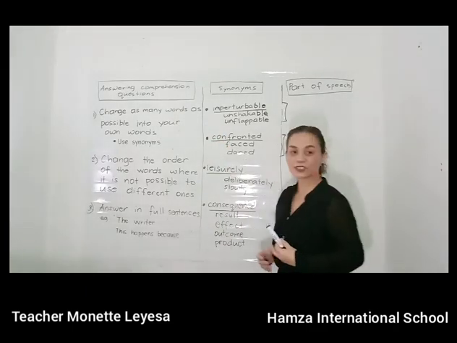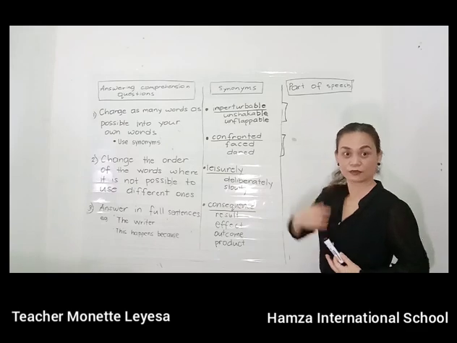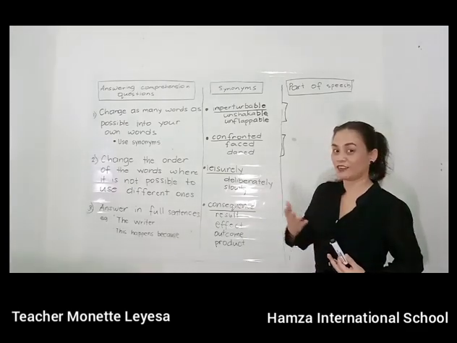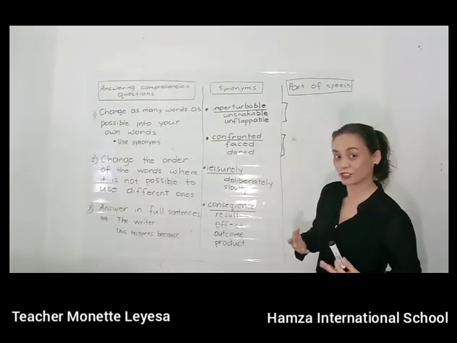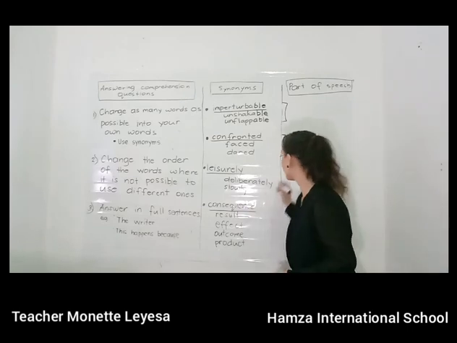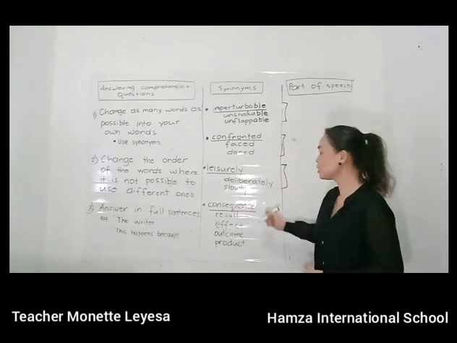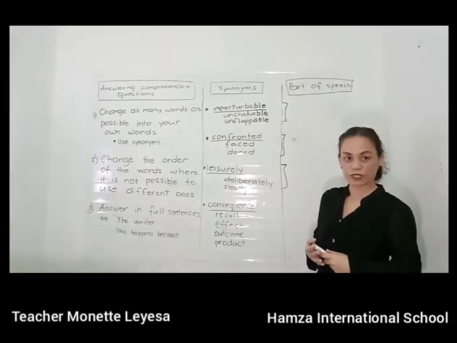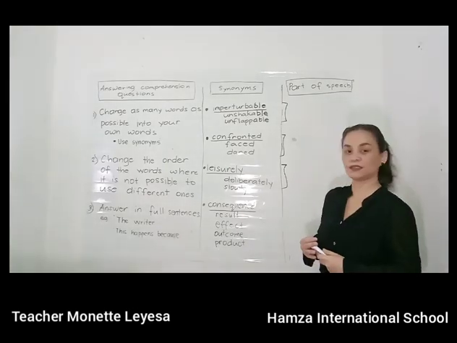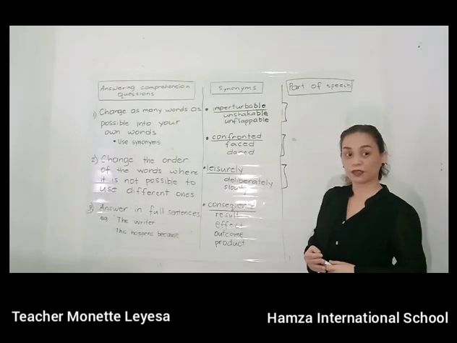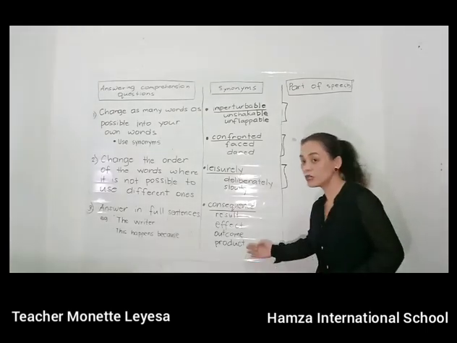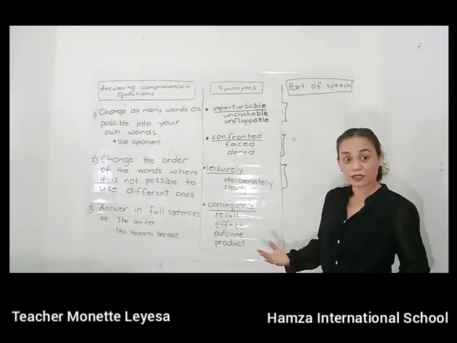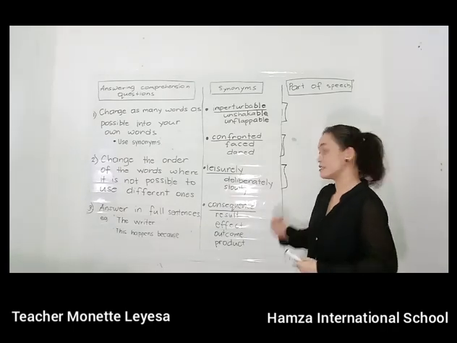So, when I answer the questions using these words, my teacher can think that, oh, I really understood. She's using the synonym. The other one is consequence. If I don't want to make use anymore of the word consequence, I can use result. I can also use effect. I can also use outcome or product. And still, the meaning is the same.